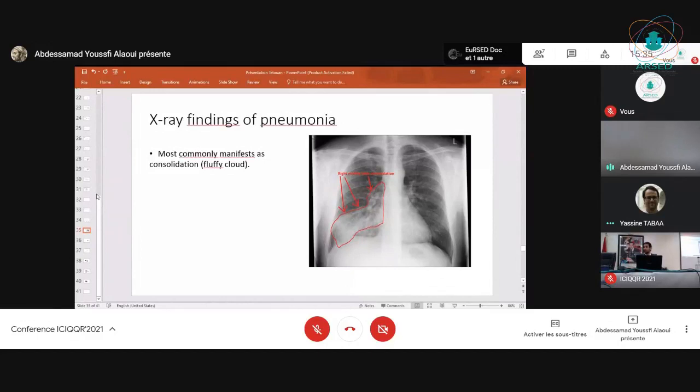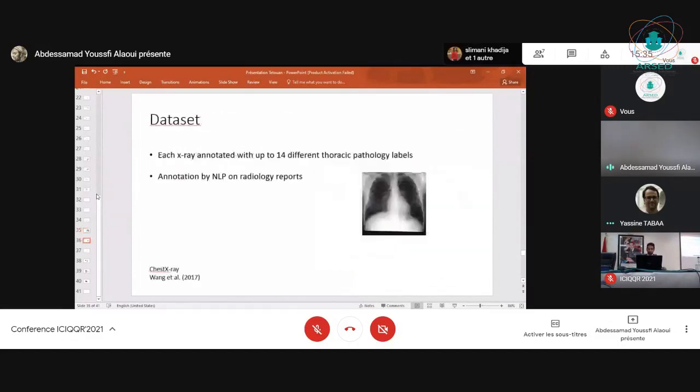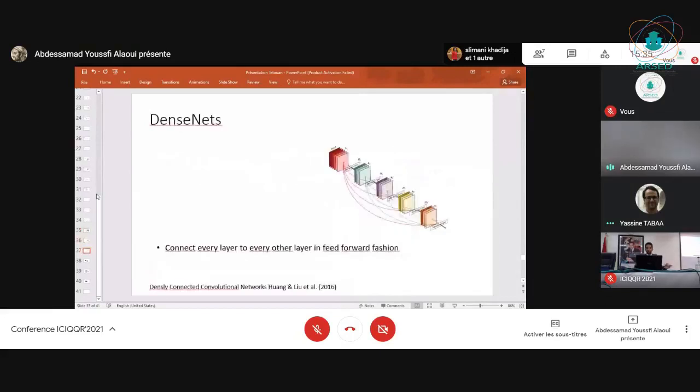For example, we can use an autoencoder model. We can use, for example, DenseNet. It's a solution published in 2016, and DenseNet is just a sequence of convolution neural networks.